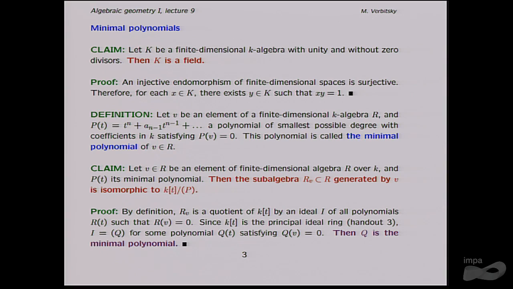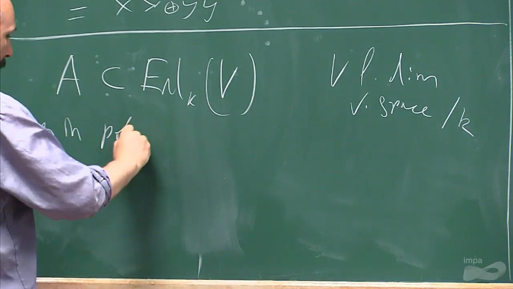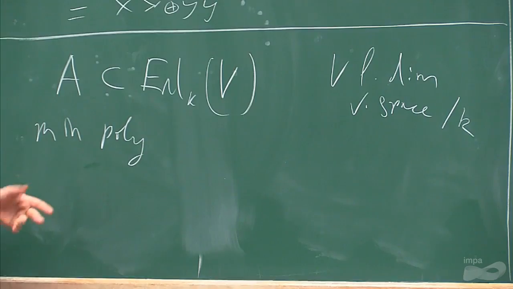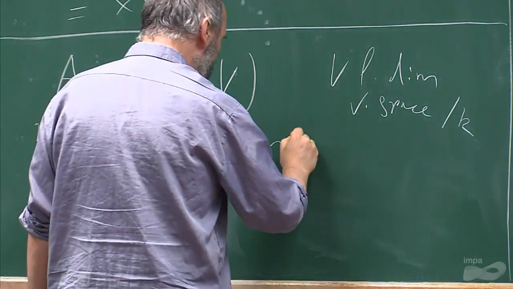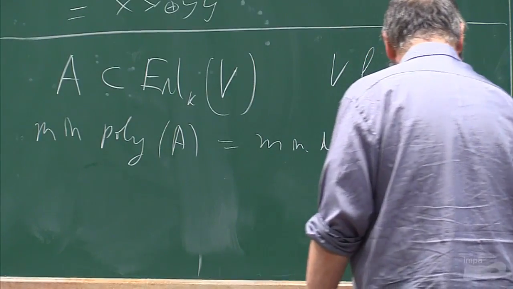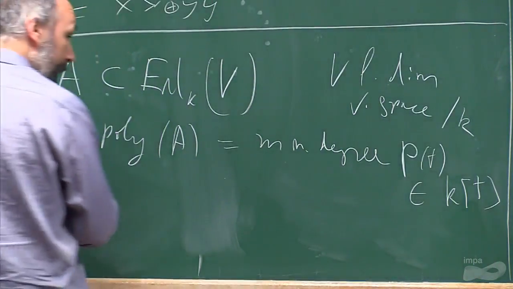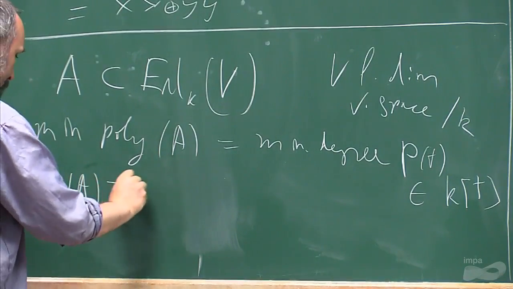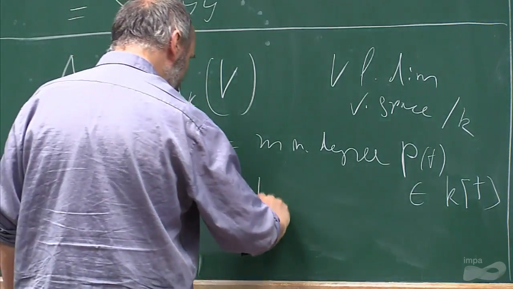If you have A, an endomorphism over K of a finite dimensional vector space V over K, then the minimal polynomial of A is the minimal degree polynomial P of t inside K of t, such that P of A is 0 in endomorphisms of V. Have you seen that in linear algebra?